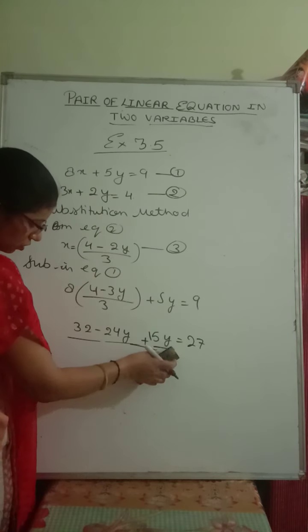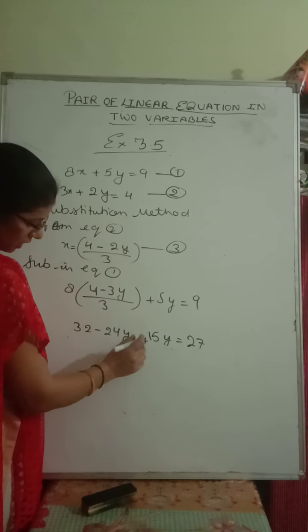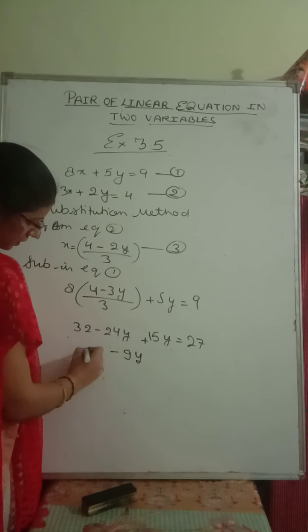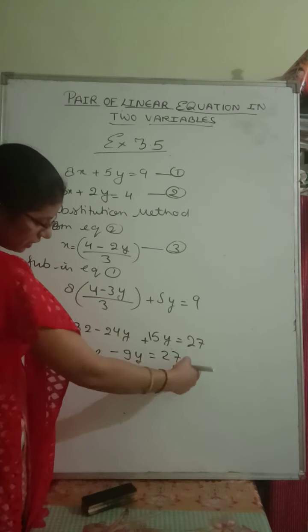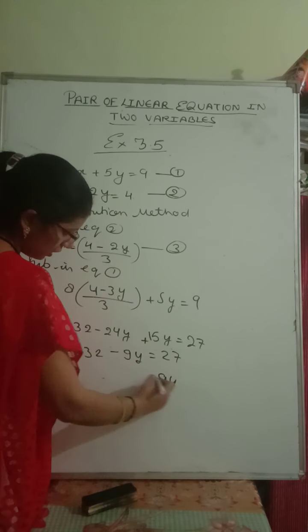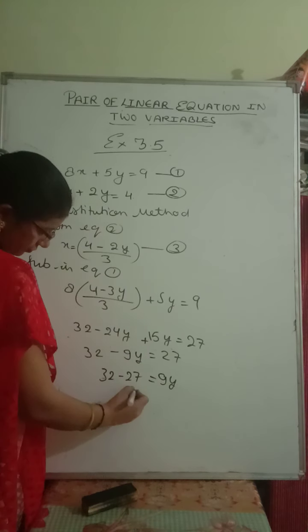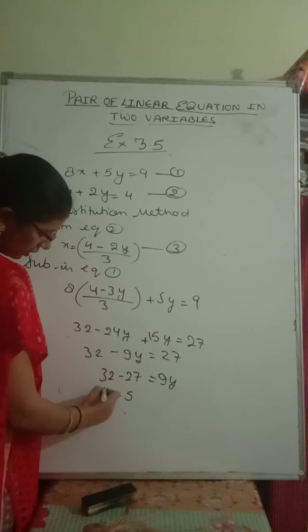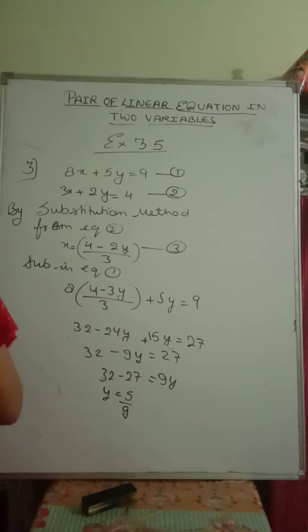Now we have to solve this: minus 16y plus 15y is minus y, and 32 equals 27. So y equals 32 minus 27, which is 5. So y is equal to 5.